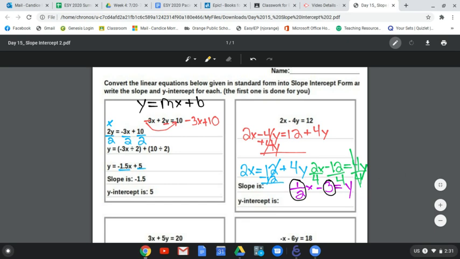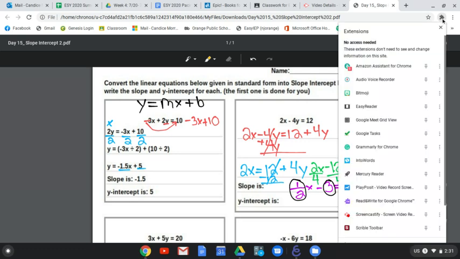So it's basic math, but it is more tricky because you're moving things over from one side to the other, and you have to know the steps you need to take in order to do this. So please reach out for help if you need it. I highly suggest if you really need help, please schedule a Google Meet with me. I can do that. I have no problem doing that. We could just work on it one-on-one together.